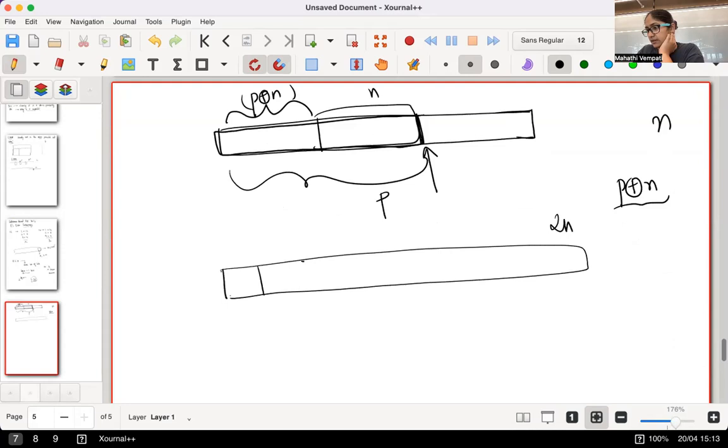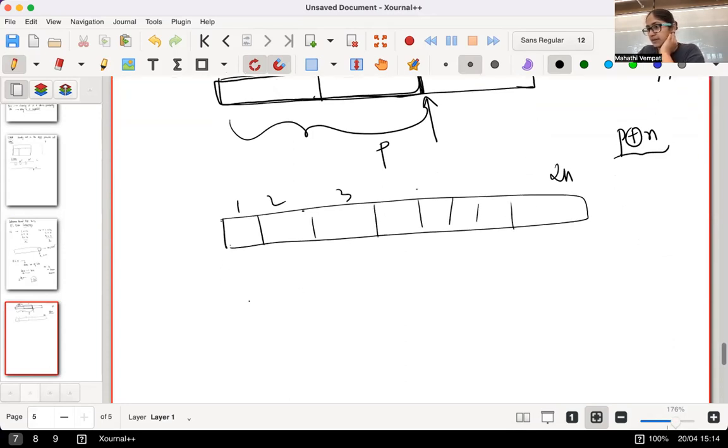And here we can keep a count of how many guys we had XORing to the index, right? So 1, 2, and so on, and how many guys we had XORing to this given number.